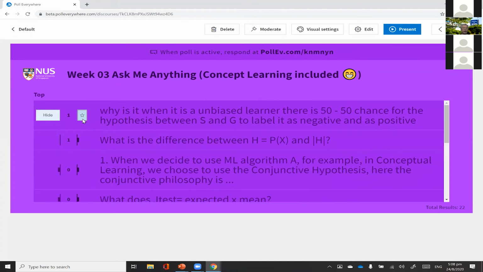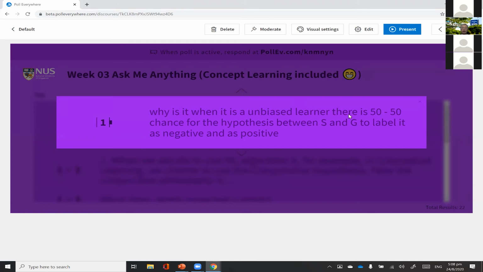Why is it that with an unbiased learner there is a 50-50 chance for it to be positive and negative? When we look at a version space and we have an example, whatever this instance is, let's say this one is milk, C, O for no sugar, and so on, then we are considering the label.